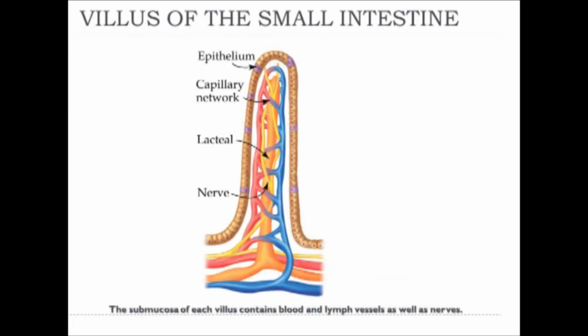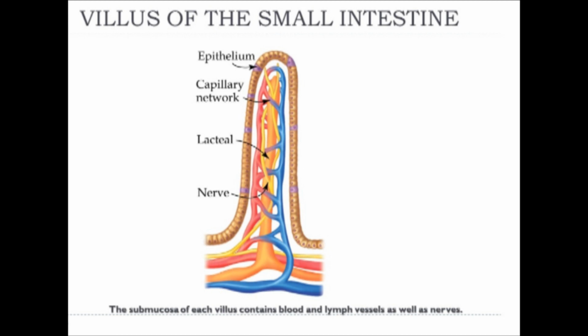And if we take a close-up right here of one villus, it is made up of basically a capillary network that plays an important role in circulating the absorbed nutrients throughout the biological system to the various organs that need them. The lacteal is what is essentially called an extension of the lymphatic system.